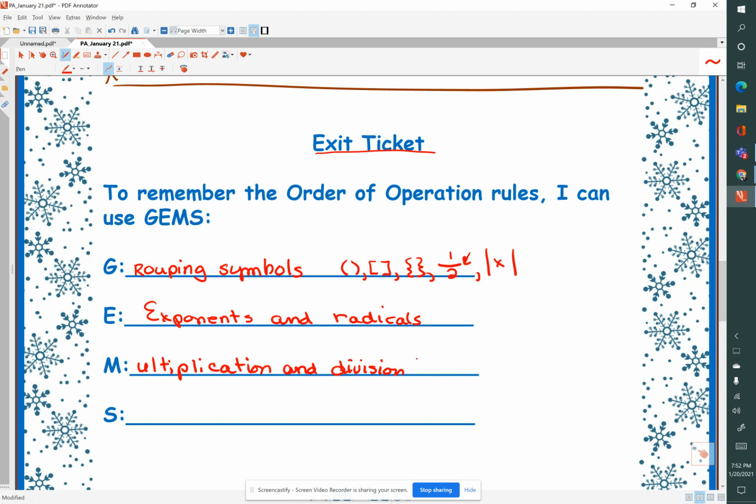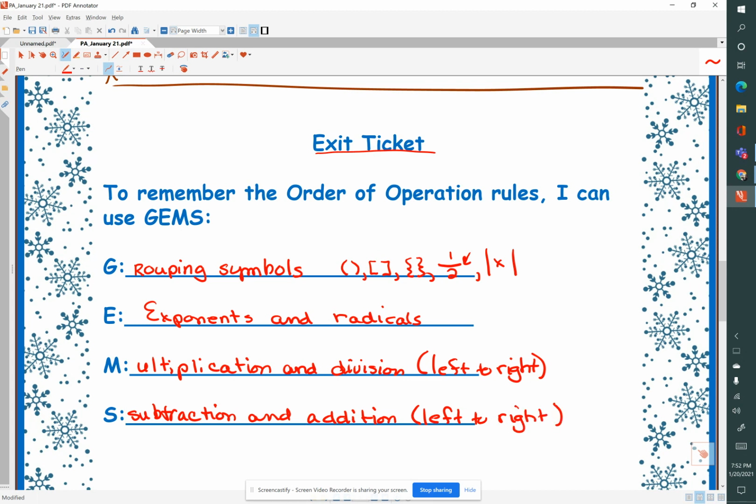And we're working from left to right. And S is for subtraction and addition. And again, we are also working from left to right.